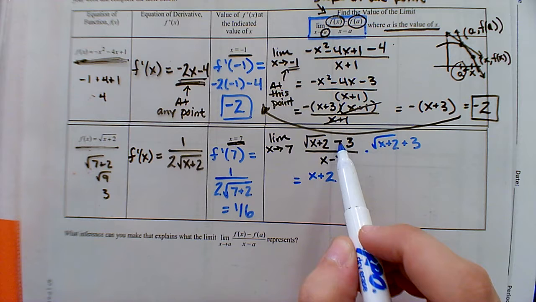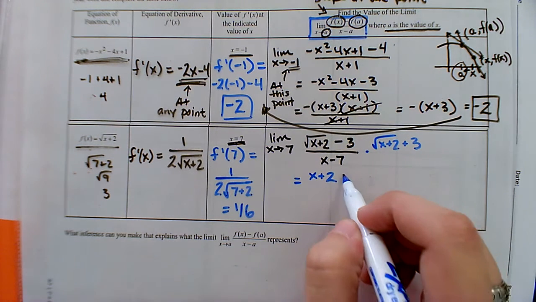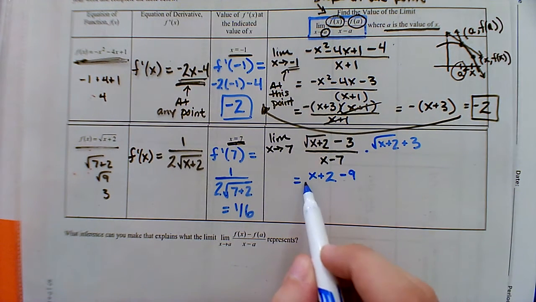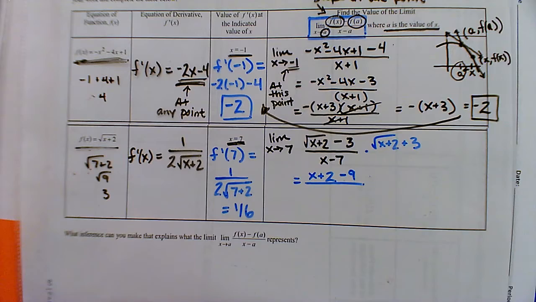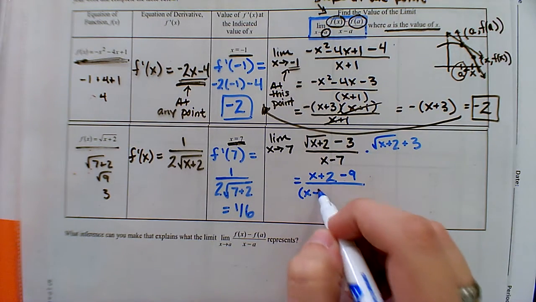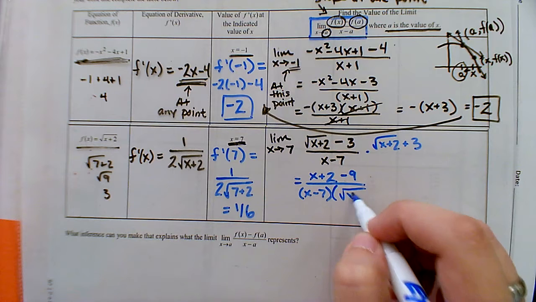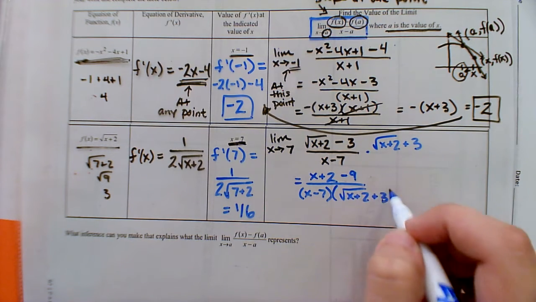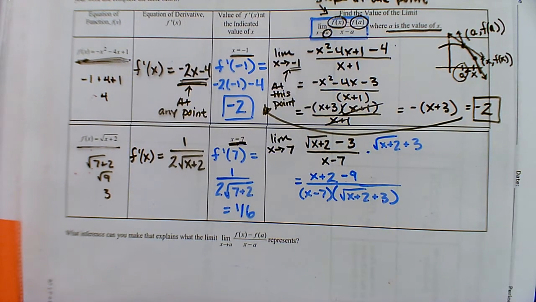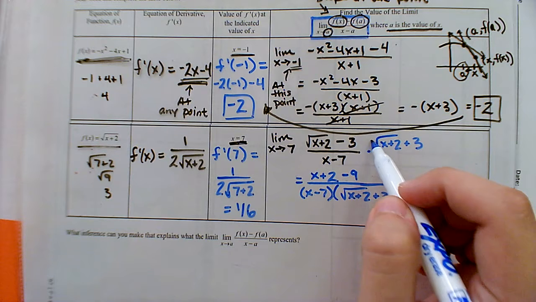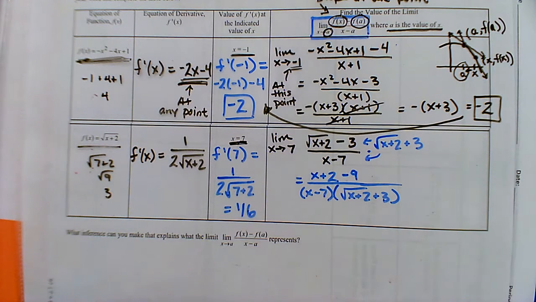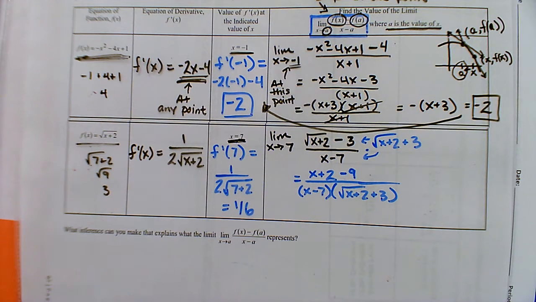The last terms, though, we have negative 3 times positive 3, which would be negative 9. And that's all over the x minus 7 that was originally in the denominator, as well as the conjugate that you need to multiply down there to keep your fraction balanced. Okay, so we multiply this up top and down below. Anything going to happen?